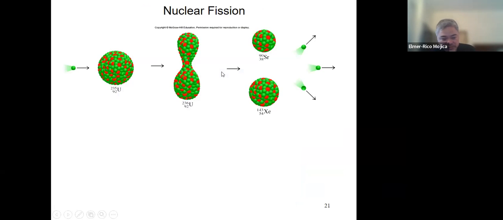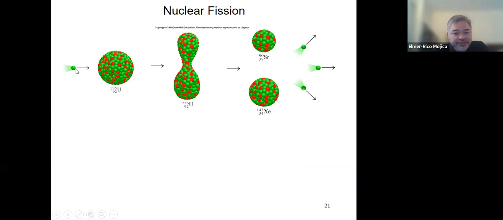Now, what comes in with nuclear energy is either nuclear fission or nuclear fusion. So what's the difference between the two? In nuclear fission, you have a big material that is broken down into small materials, like uranium-235.